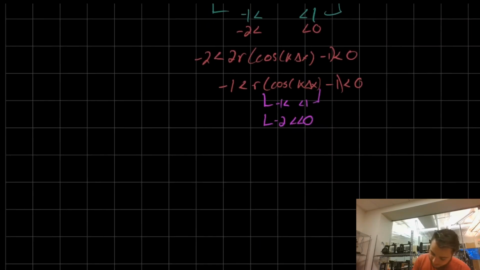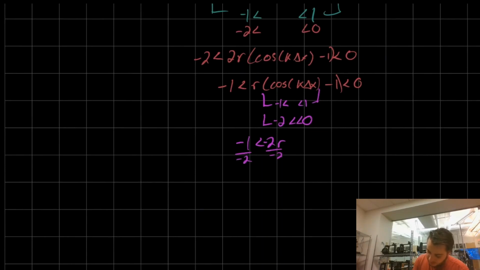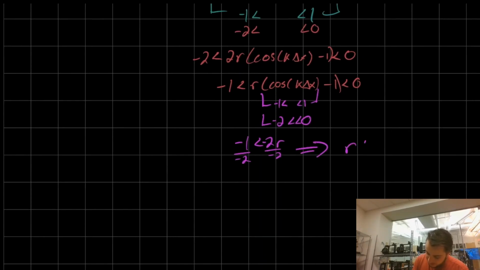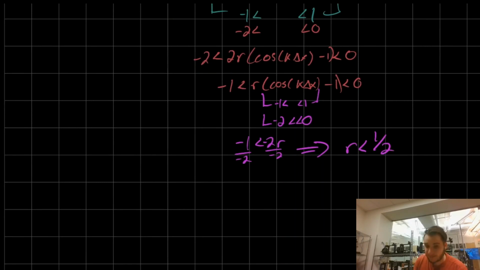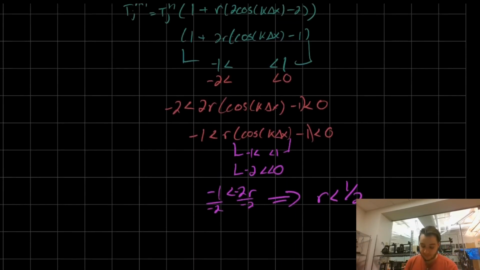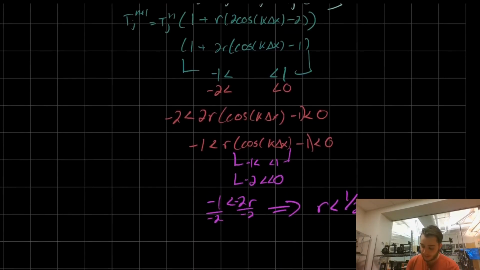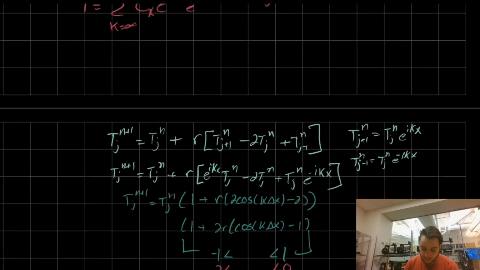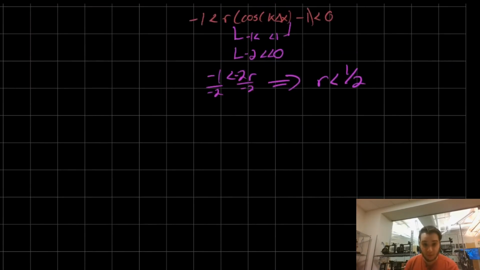So we write that inequality out as negative 1 less than r times that, less than 0. This side we don't really care about. And we divide by negative 2, and then we get r has to be less than 1/2. And doing this, we have proved the von Neumann stability analysis on this problem, and this shows why the r value can't exceed 1/2.